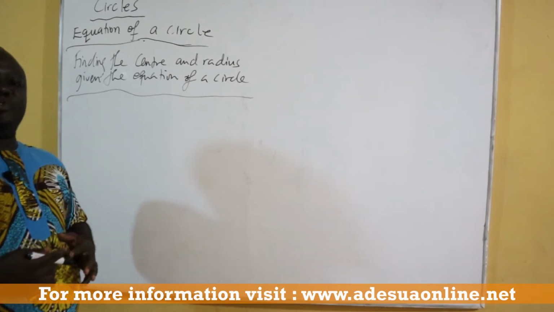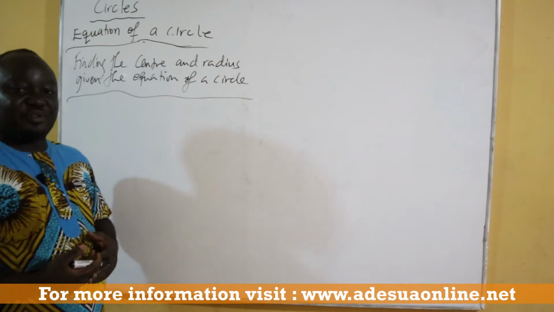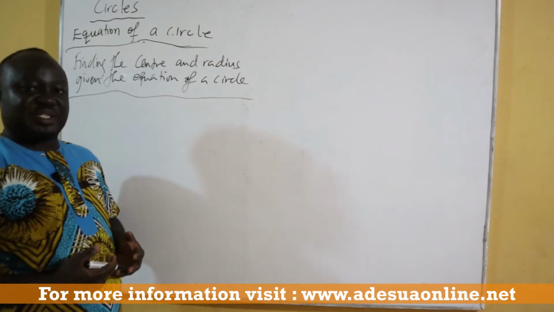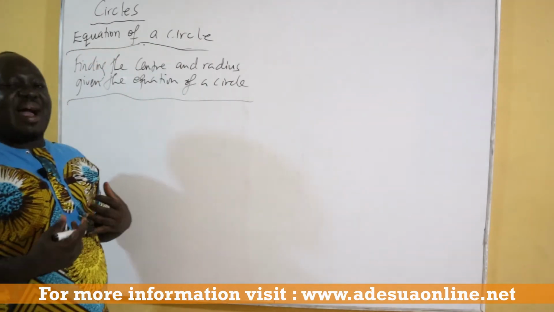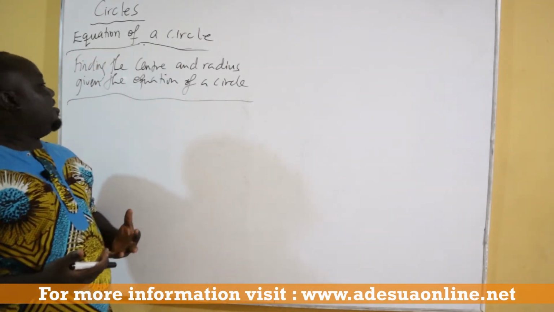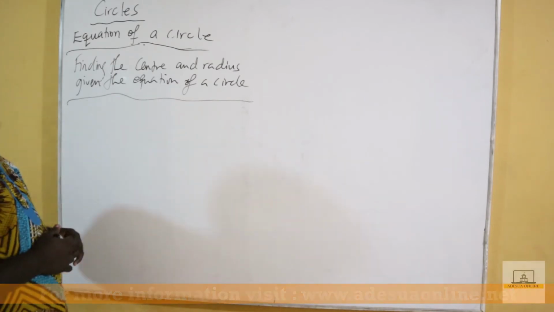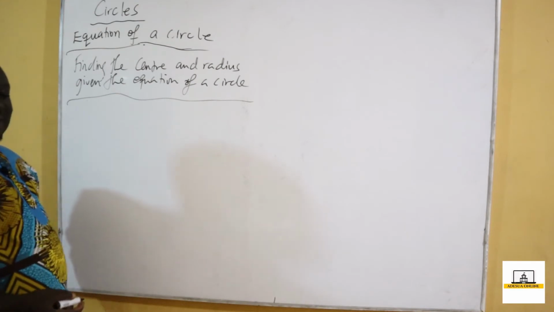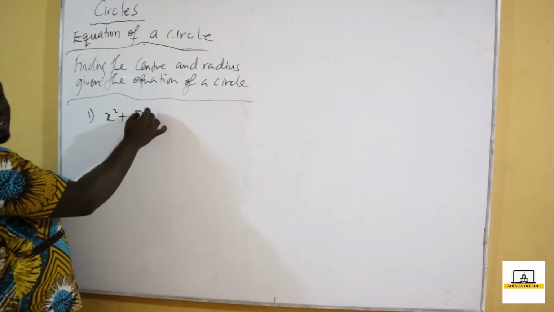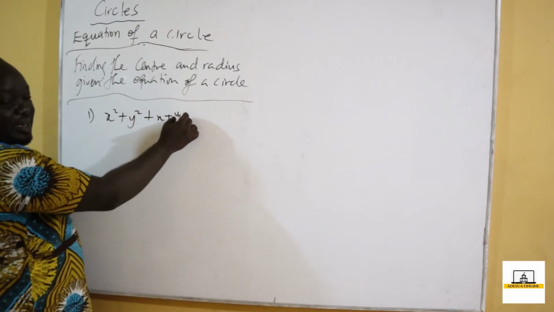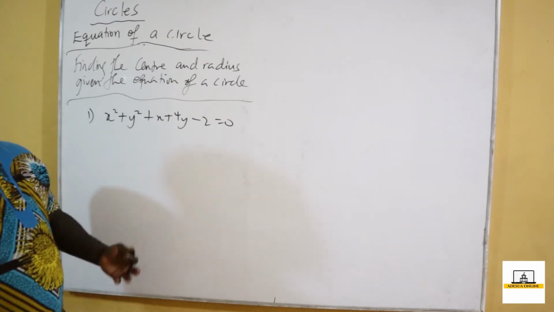We are going to learn how to find the center and radius of a circle when we are given the equation of the circle. Assuming we have example 1: x squared plus y squared plus x plus 4y minus 2 equals 0, and we have been asked to find the center and radius of this.